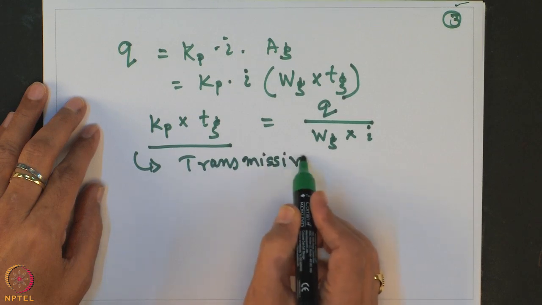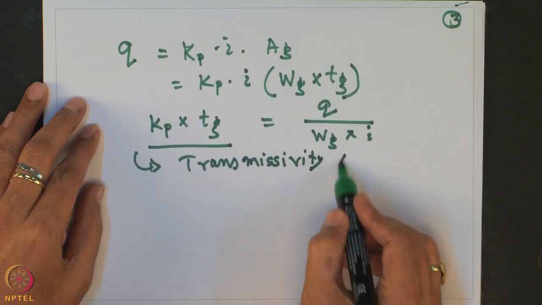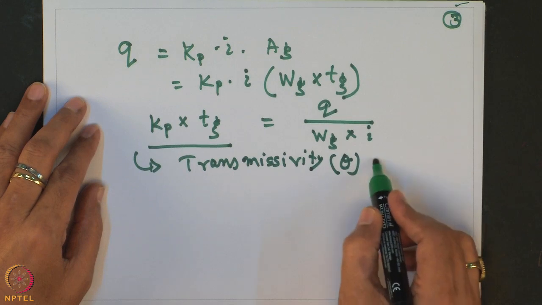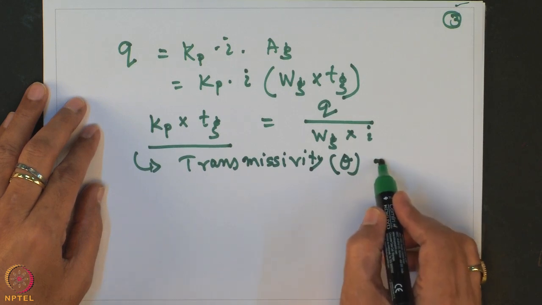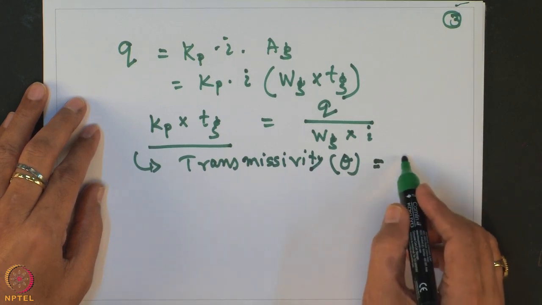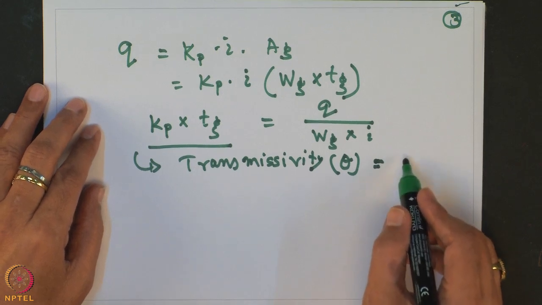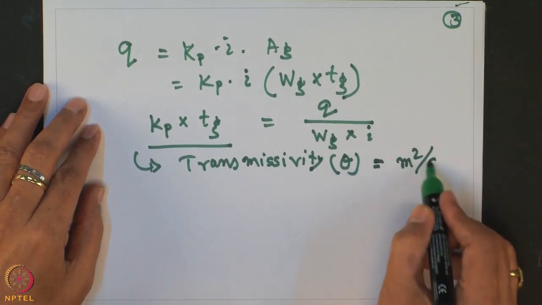Or Kp times Tg, which you call the transmissivity, is expressed as theta. This transmittivity has the unit meter square per second.